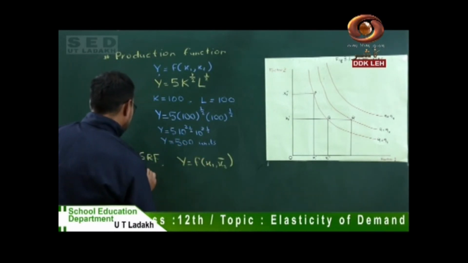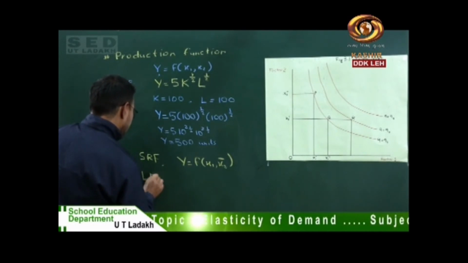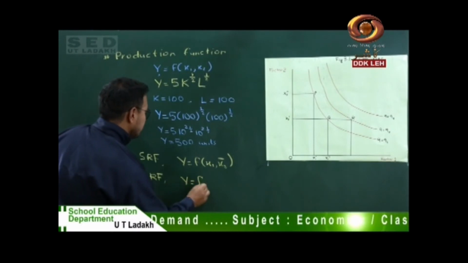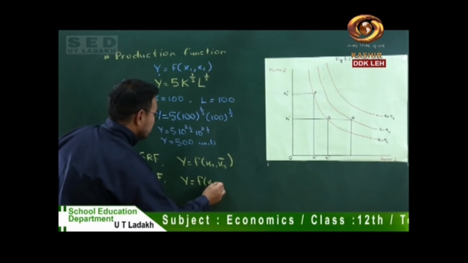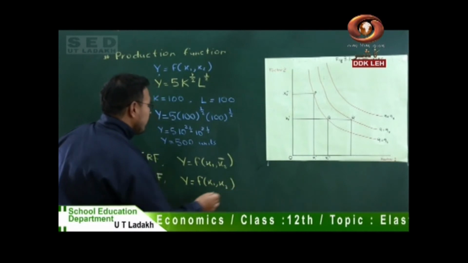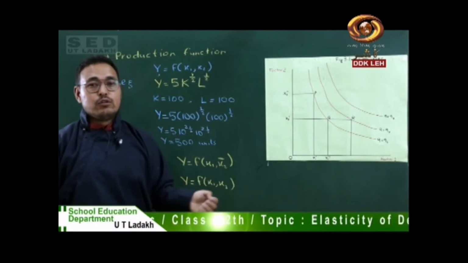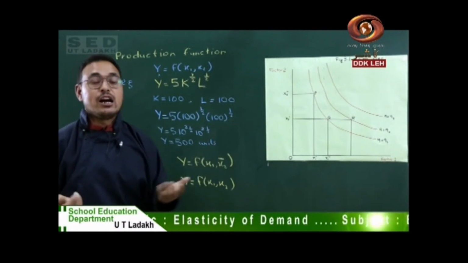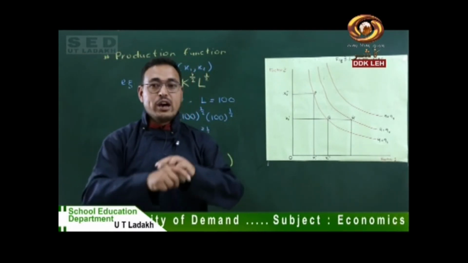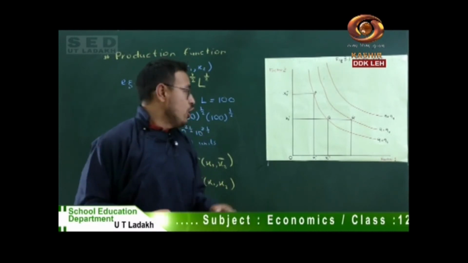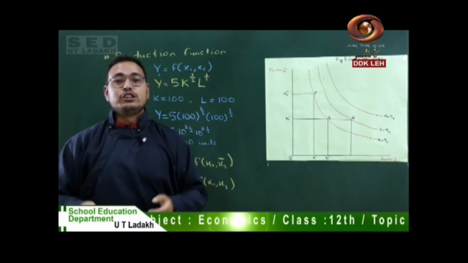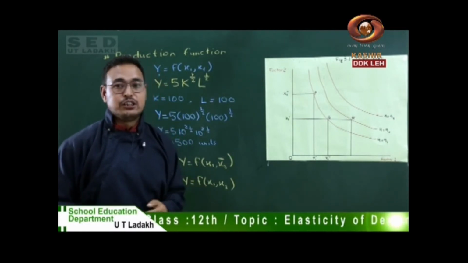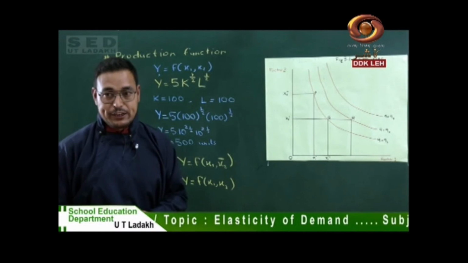I'm simply representing the long run production function as LRF. You have such a production function of x1, x2. Over here, both of your inputs are variable. You can easily increase the size of your factory. You can also employ more labor. So you are completely independent in the long run. While in the short run, you can only increase your variable factor, say labor, but you can't increase the size of your plant as a whole.